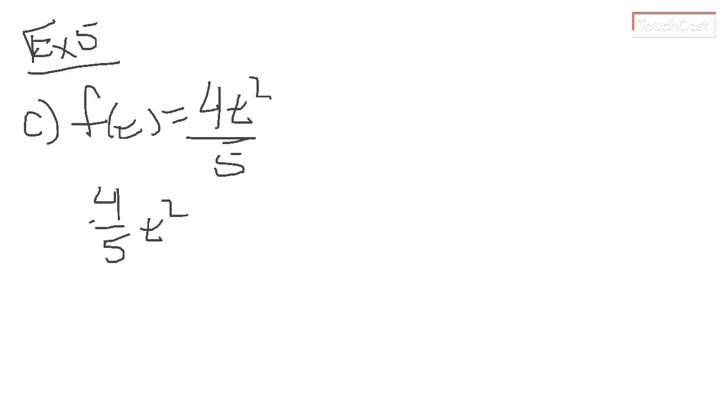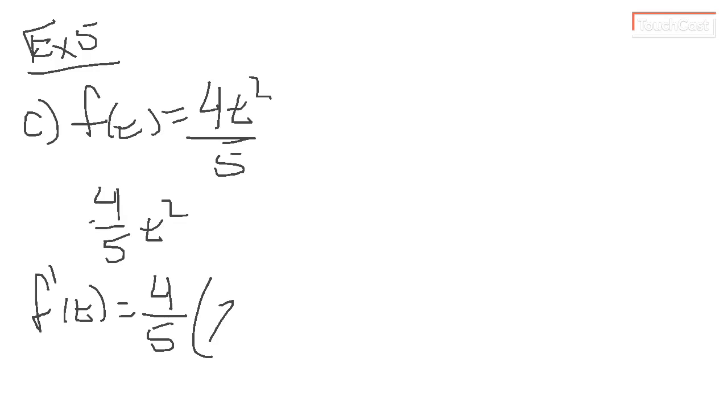So we're going to find the derivative, f prime of t is going to be 4/5 times the derivative of t squared, which is going to just be 2t, and then we multiply this out. 4/5 times 2t, we could write 2t over 1.